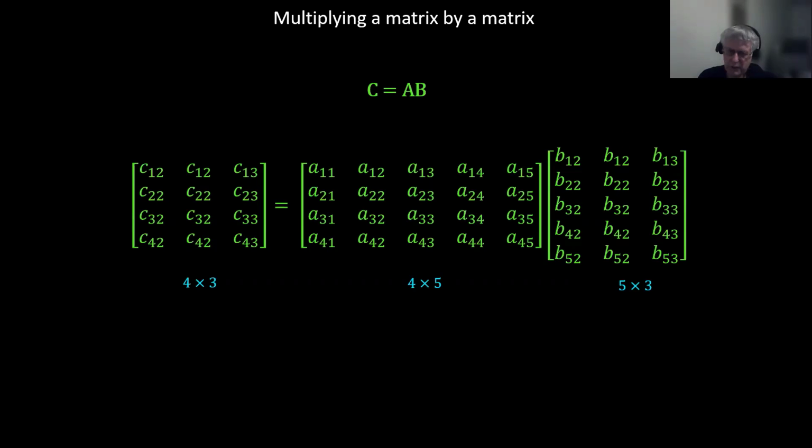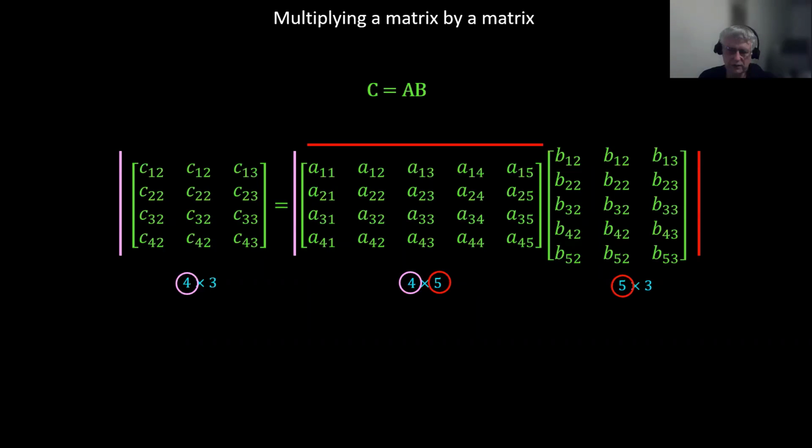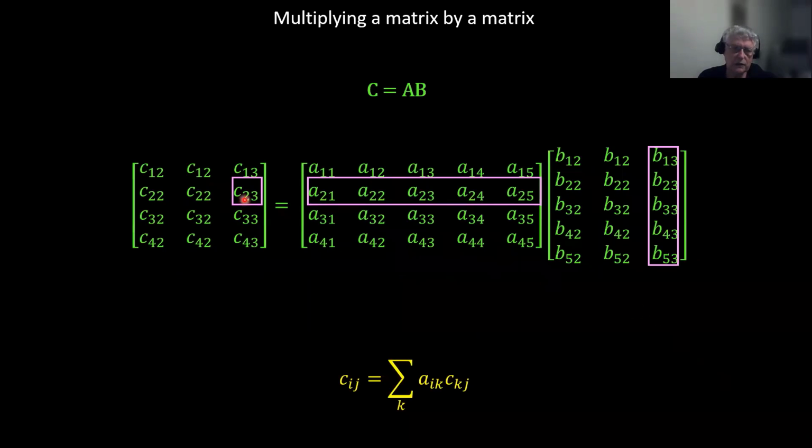Rules apply. We have to match up rows and columns, but assuming we've done that, the rest is easy. So focusing on this element here, C23, that's the element in row 2, column 3 of this C matrix.